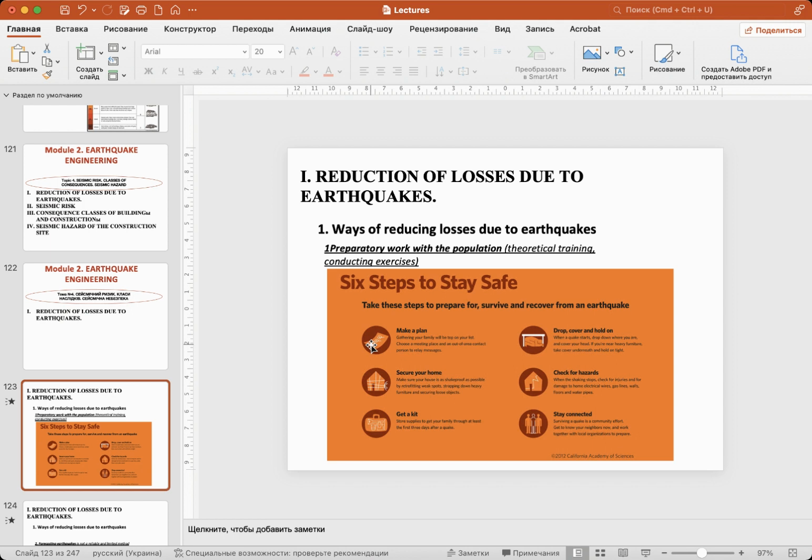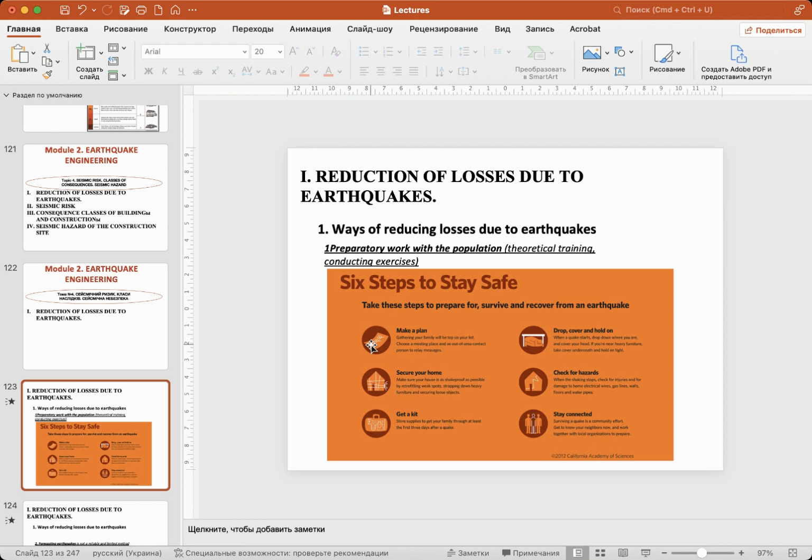So secure your home. But to secure the home, we know some additional ways. During an earthquake, ceiling tiles can fall down. I'm talking about suspended ceilings like gypsum cardboard ceilings or other kinds of ceilings.